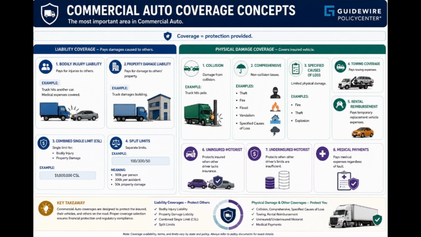Specified causes of loss coverage provides limited protection for only named risks like fire, theft, explosion, or windstorm. It is narrower than comprehensive coverage and usually lower in premium. Optional coverages include towing coverage, which pays for towing and roadside assistance, and rental reimbursement coverage, which covers the cost of a temporary replacement vehicle during repairs after a covered loss.